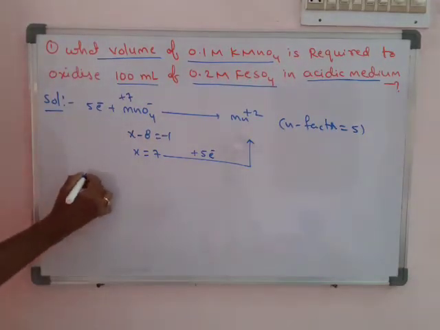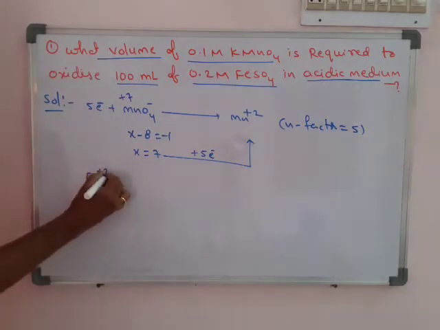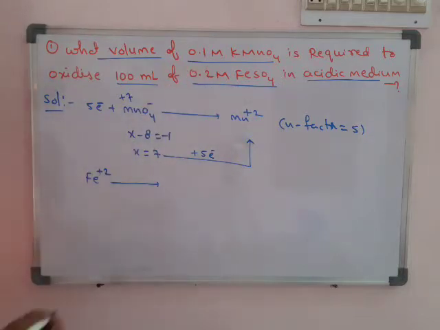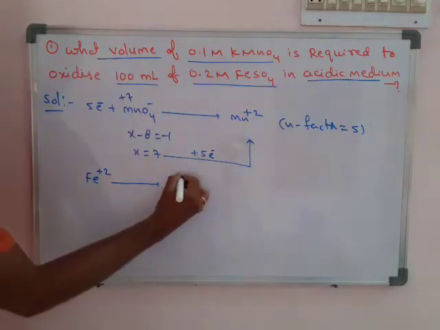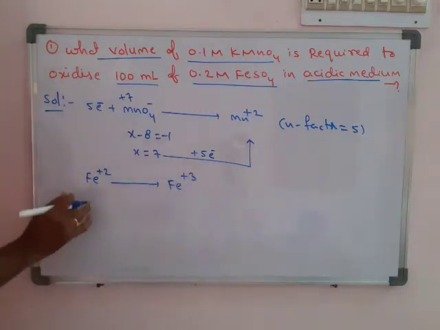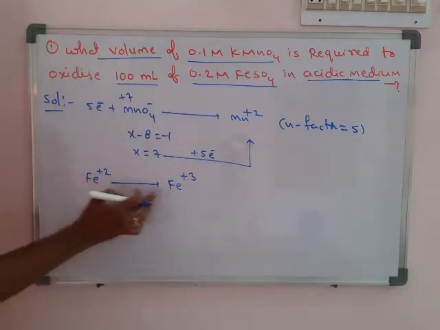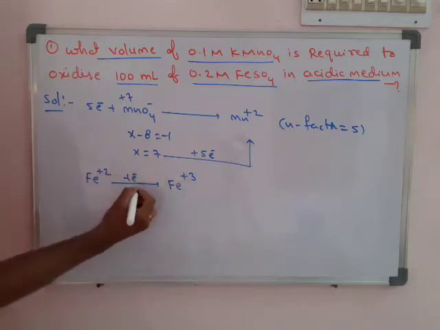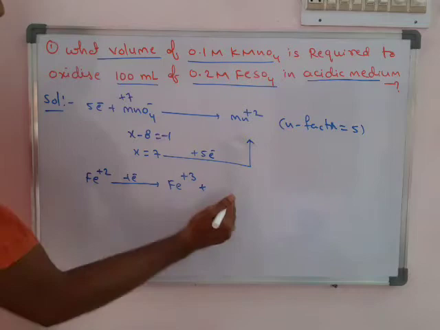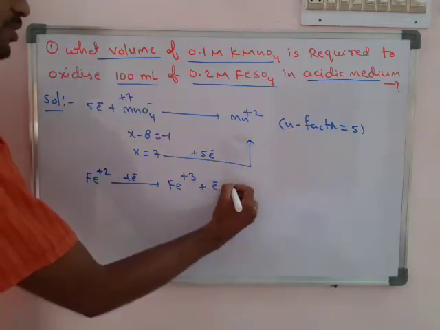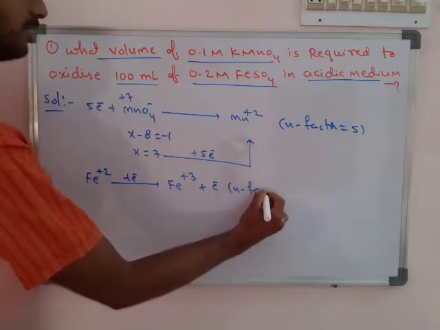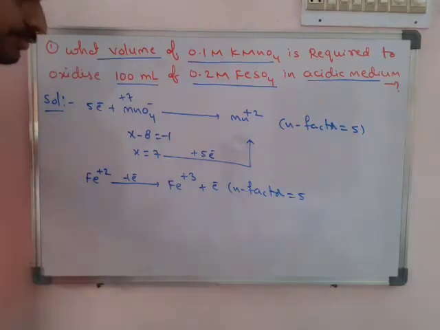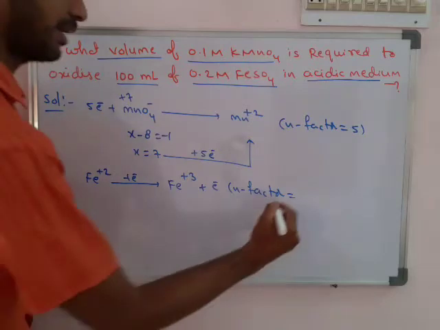In ferrous sulfate Fe plus 2 becomes Fe plus 3. So the oxidation number changes from plus 2 to plus 3, when it loses one electron. So therefore what is the n factor? So n factor equal to 1.